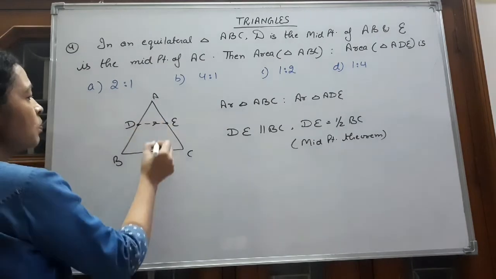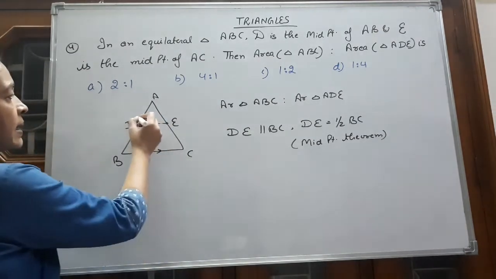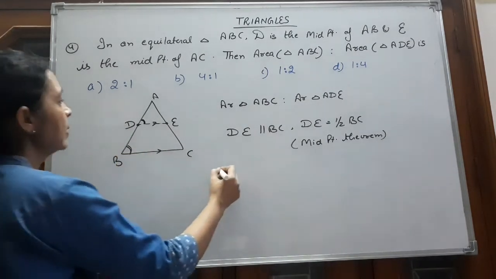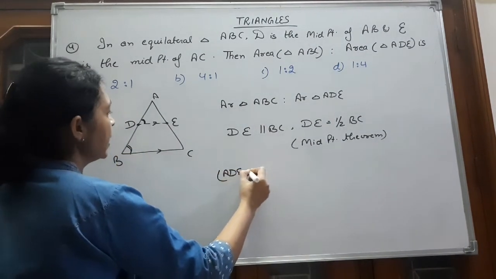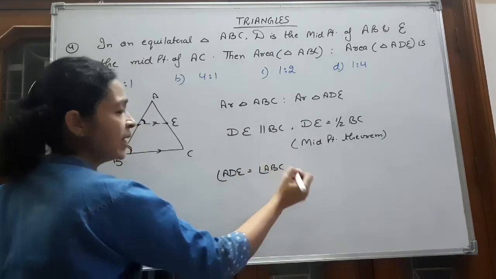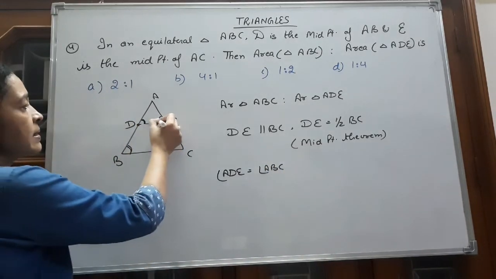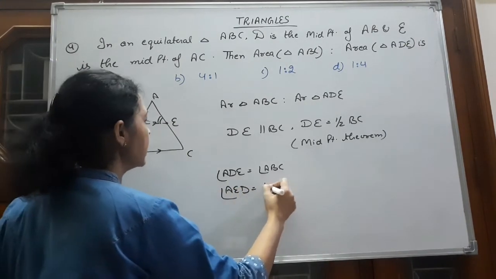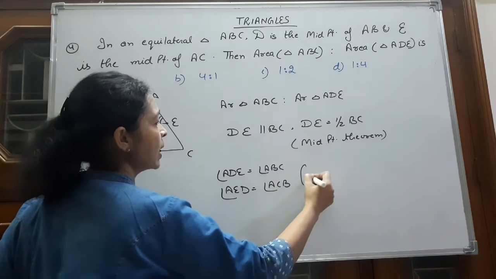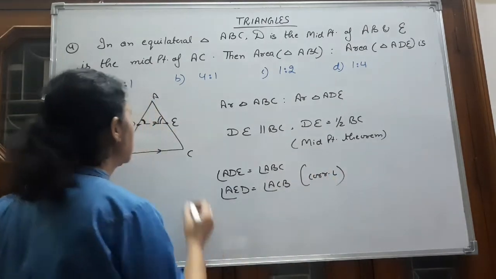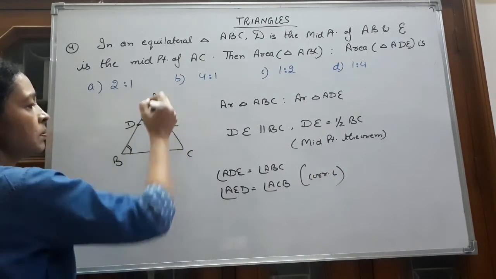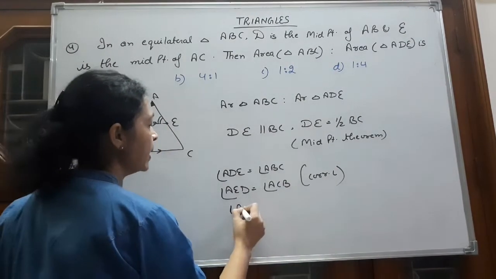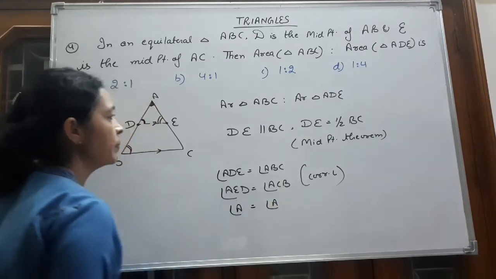If DE is parallel to BC, this angle ADE is equal to angle ABC, corresponding angles. Similarly, angle AED is equal to angle ACB. Both are corresponding angles. And angle A is common in triangle ADE and triangle ABC. Angle A equals angle A.